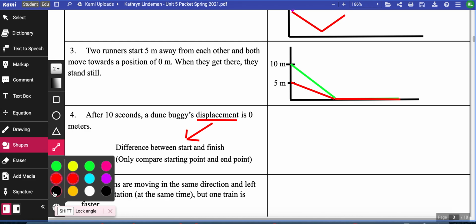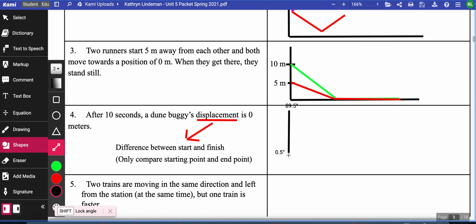So for this one, there are a couple of different ways that you could show this. Basically, you just have to start and end in the same position. So if we start here, then we need to end at that same position.